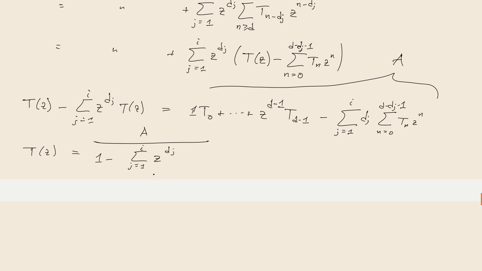And this is essentially the characteristic polynomial, but we have c to the d pulled out. The characteristic polynomial was c to the d minus c to the d minus d1 and so on.